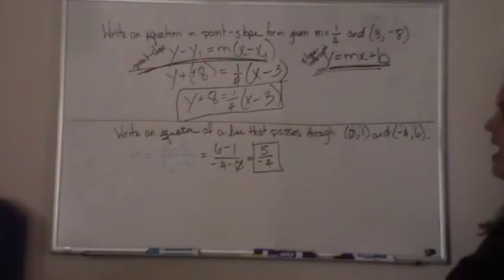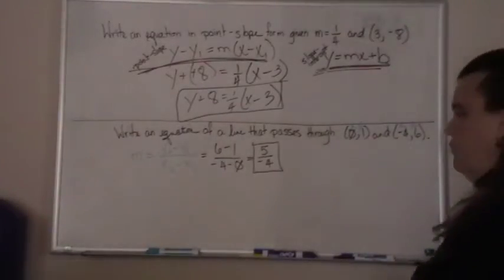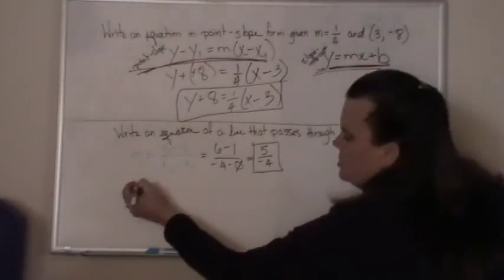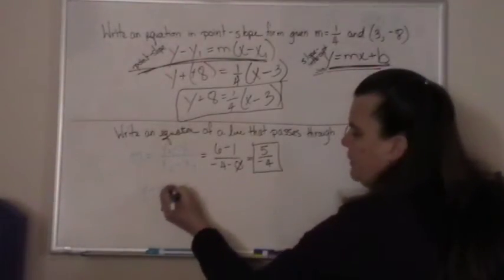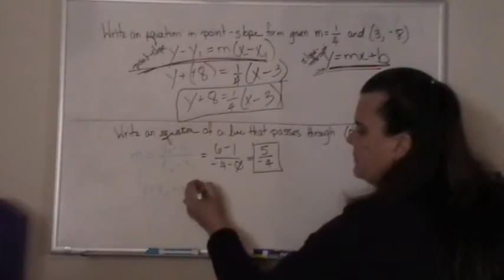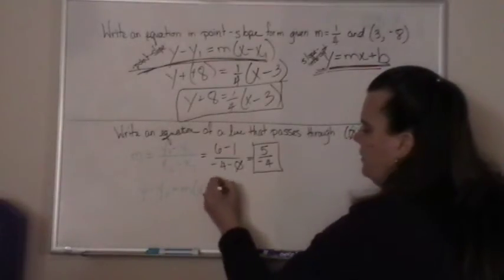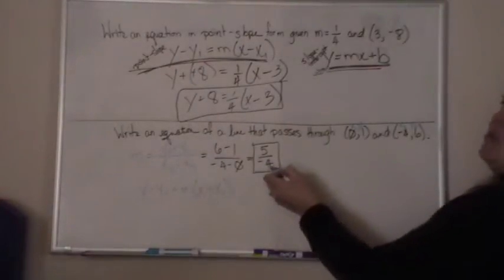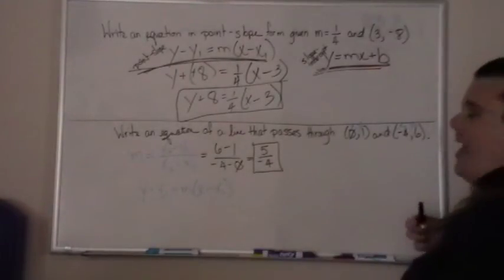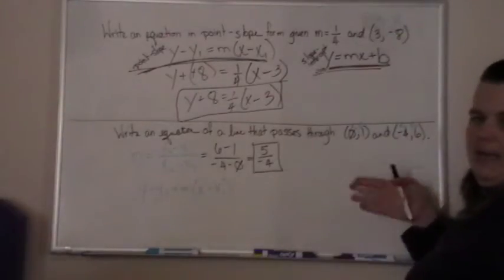Okay, now I need to start off with point slope form. So that's my next equation. Y minus y1 equals m times x minus x1. It's just my formula there. And now this is my slope I need to use to plug in for m. And it doesn't matter what point I use.